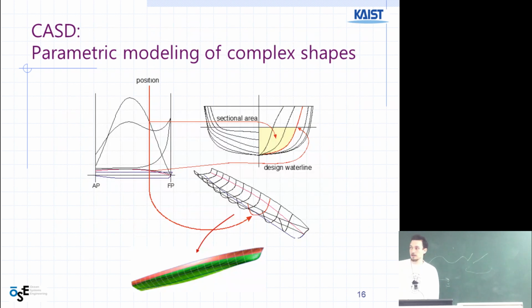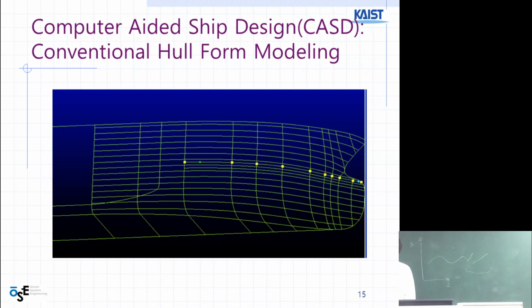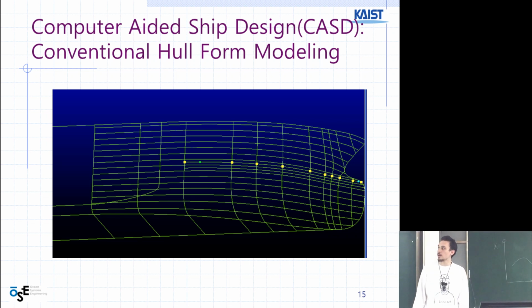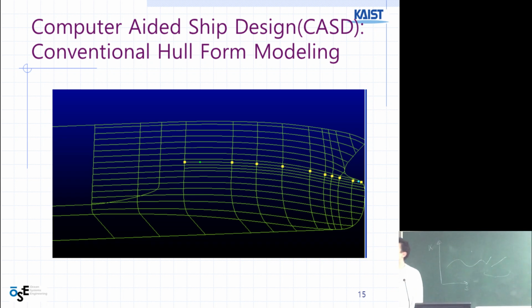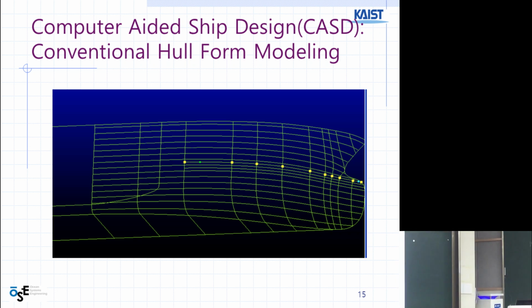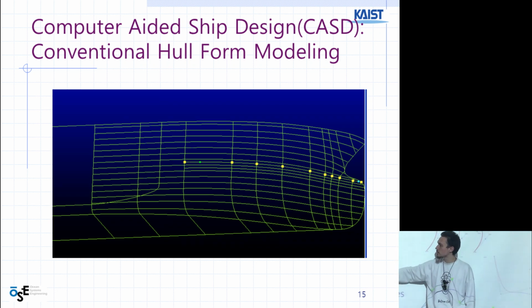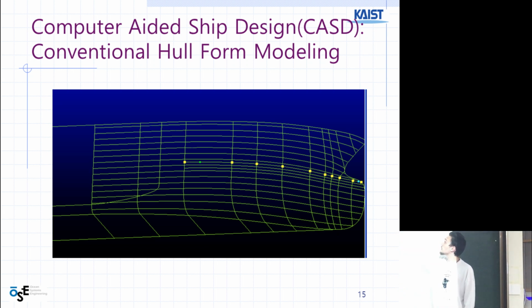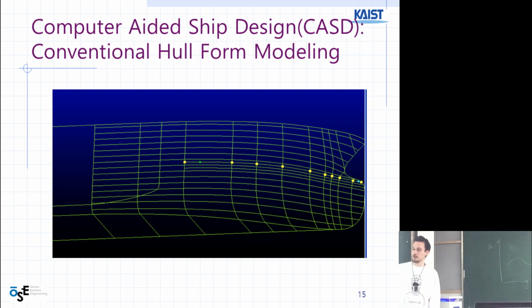To generate a smooth curve, there are many mathematical tools. It can be explicit or parametric. I drew some examples here: Hermite, Bézier, B-spline, and NURBS. There are many tools.